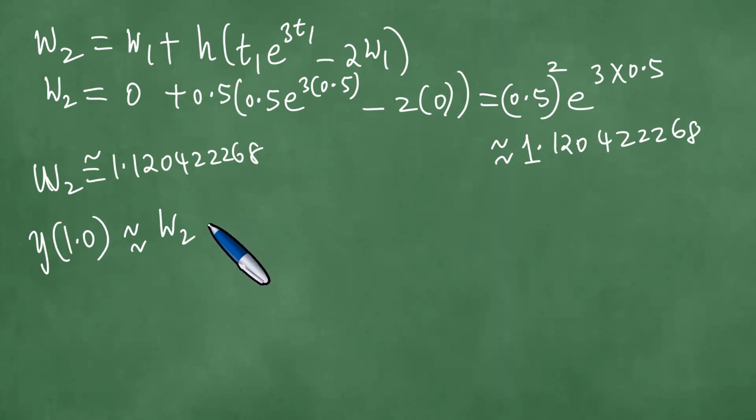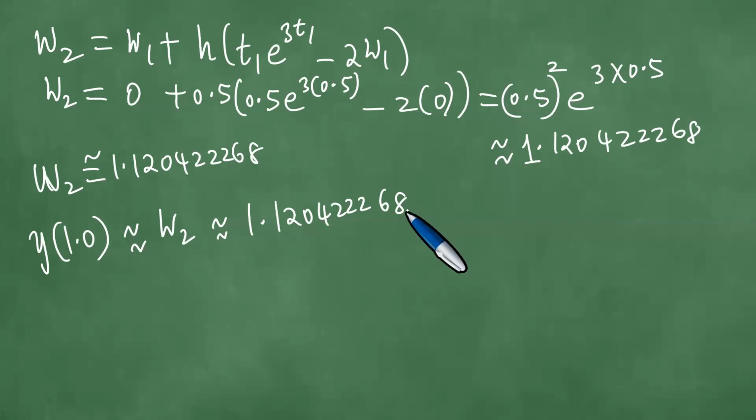And then, well, normally you can use an equal sign here. Yeah, so W2 can be equated to this. But in this case, it's quite more approximate. The most appropriate is the approximate sign, which is 4222268.